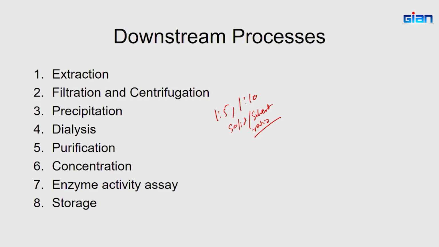We use coarse filtration to remove the large particles, then centrifuge to clarify the supernatant. After getting the supernatant, precipitation is done. We use the crude enzyme for a 0 to 30% cut. We will add 2.68 grams of ammonium sulfate, then stir the mixture for 30 minutes.